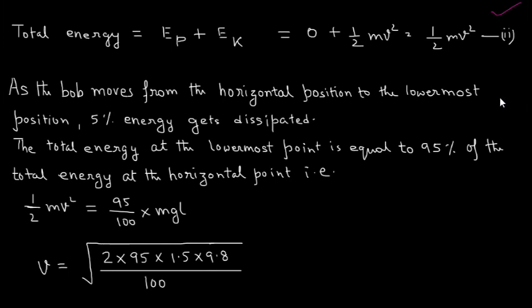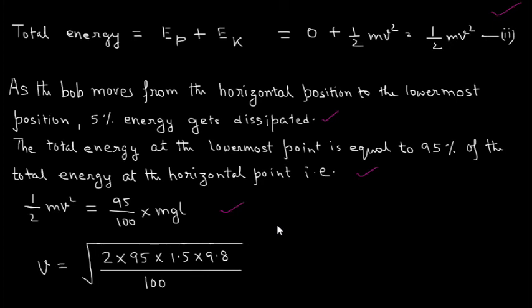As the bob moves from horizontal position to the lowermost position, 5% energy gets dissipated. The total energy at the lowermost position is equal to 95% of the total energy at the horizontal point. That is, half mv square is equal to 95 upon 100 multiplied by mgl.